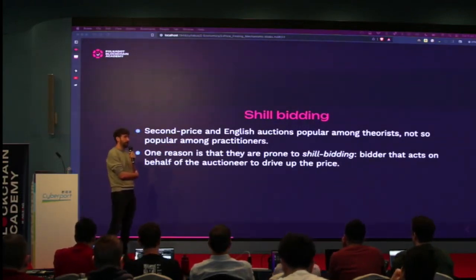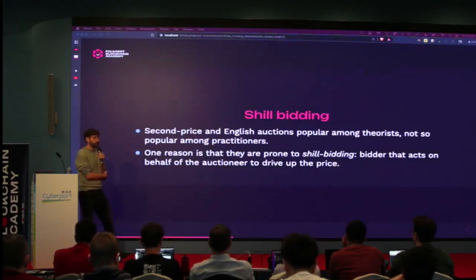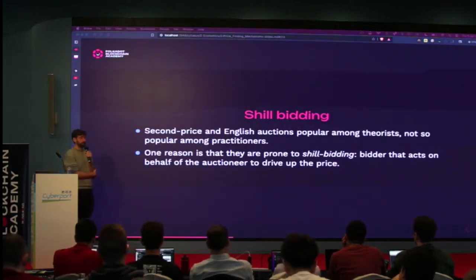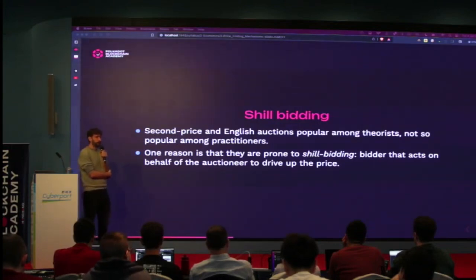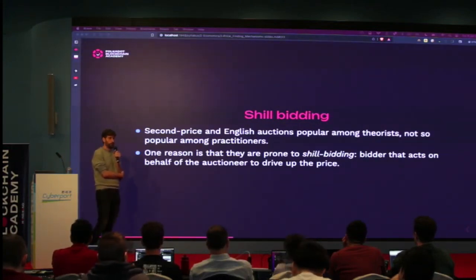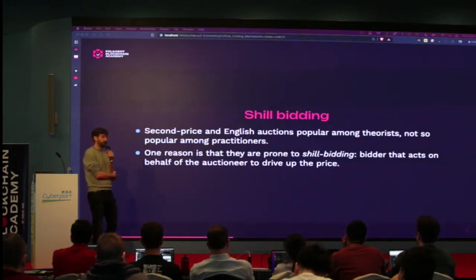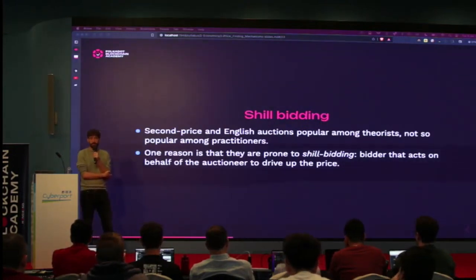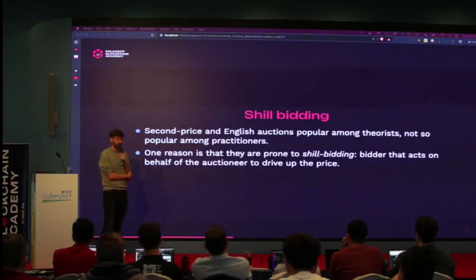Those are basically bidders that just act on behalf of the auctioneer and drive up the price. You could argue that this is similar to the reserve price, where also Selena is driving up the price. But here she announces it beforehand, and that doesn't change, and everybody knows that there's this reserve price.